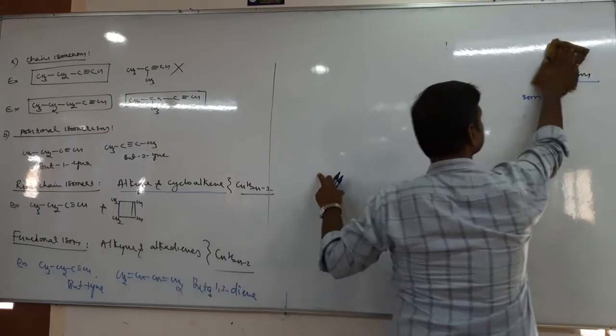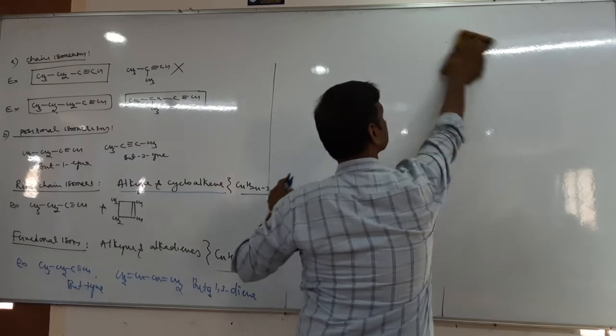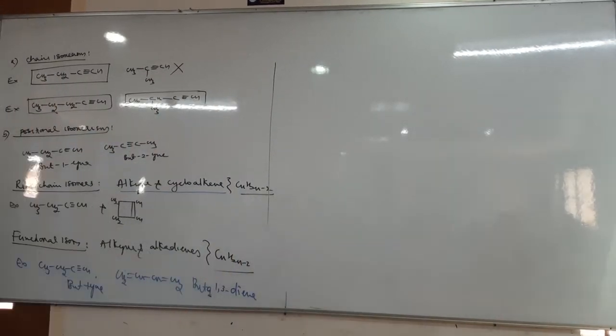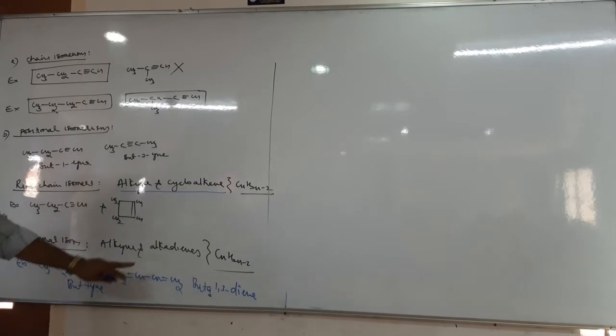Tell me the answer. But-1-yne is a functional isomer of what? Buta-1,3-diene. Why not buta-1,2-diene? That is also correct. One is a triple bond, the other is a diene. Alkynes and dienes.